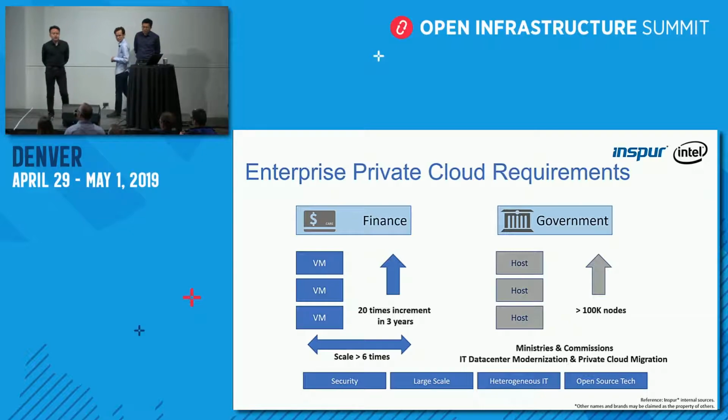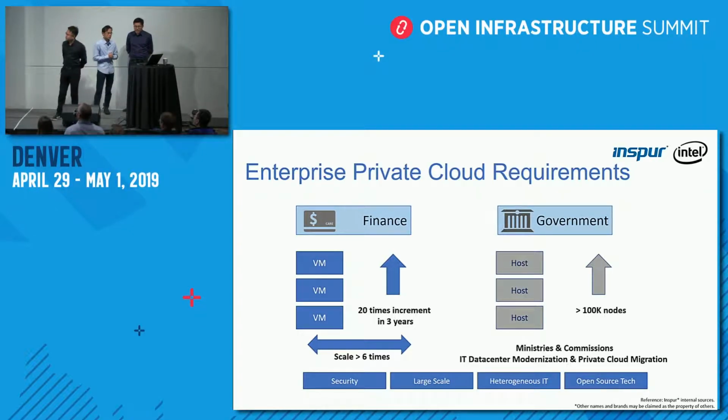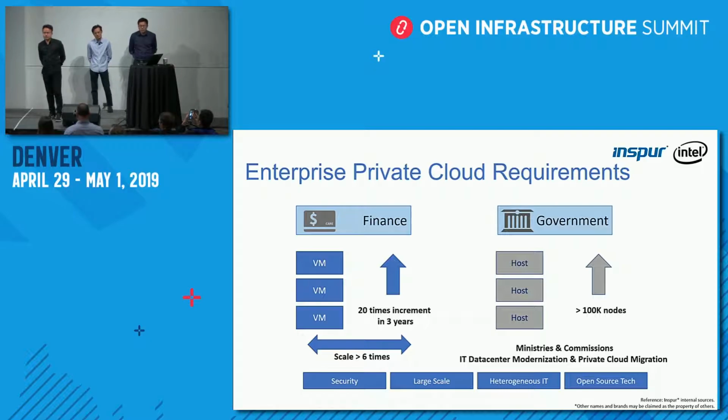Thank you. Enterprise private cloud in China does have a very broad market now. I'll take two industries as an example. The first one is one of our financial cloud customers, whose host scale will increase 6 times, and VMs will increase 20 times in the next 3 years.